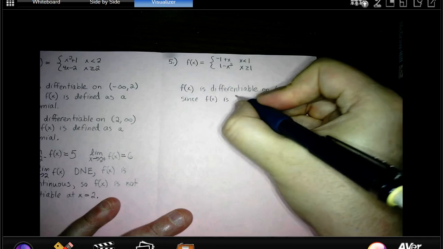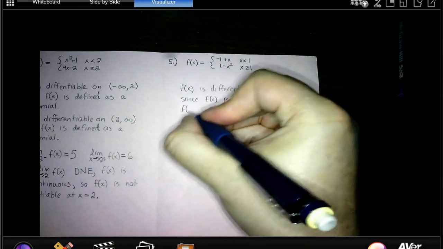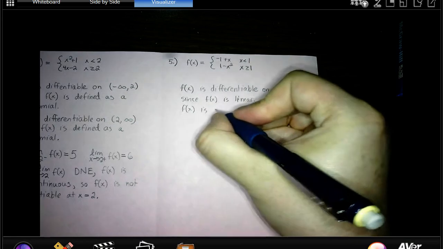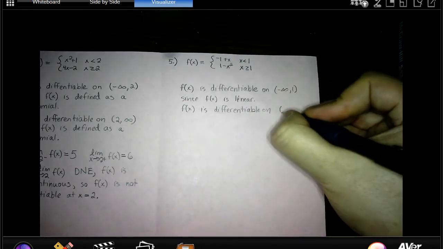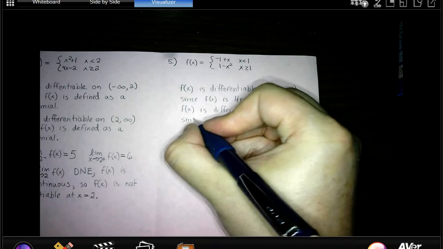And polynomial functions have all of the necessary properties to generate differentiability for all input values across their domain. And that means we're going to have to do a differentiability analysis at the place, the x value, where the two pieces are joined, which is x equals 1.